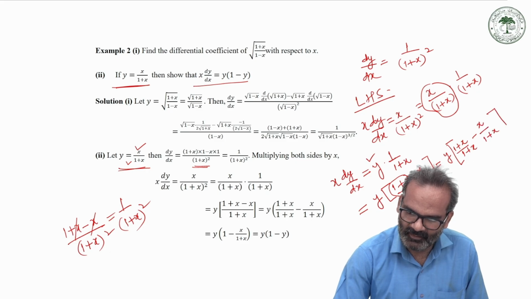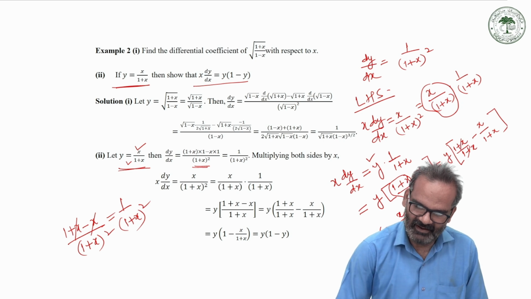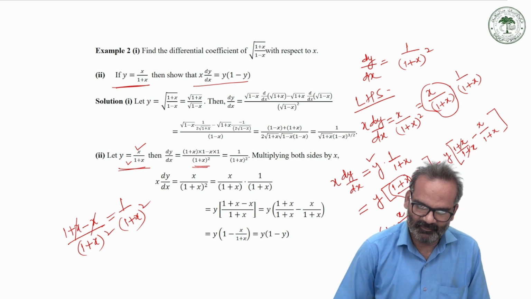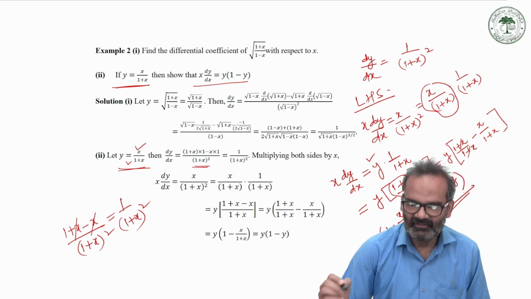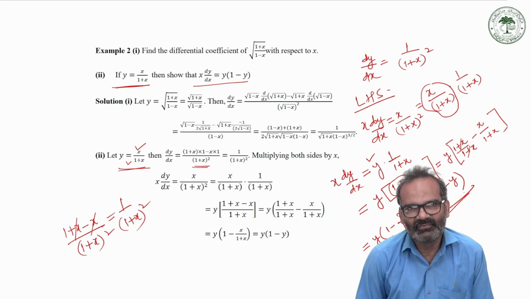No problem. This and this will cancel out. So what we will get here, y into 1 minus x upon 1 plus x. Now you can check the value of x upon 1 plus x is 1 minus y. So this is what we want to prove.